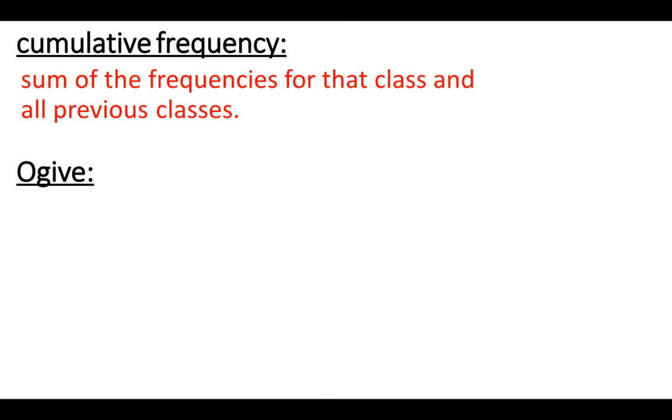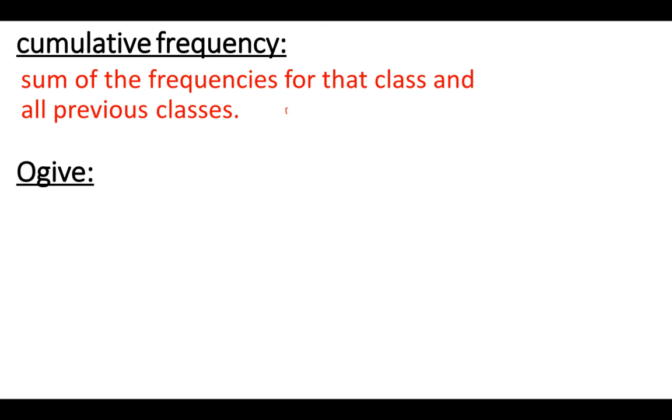Shouldn't take too long. First thing is a little review over what we called cumulative frequency. So cumulative frequency, that's when we're going to sum all of the frequencies for that particular class and all of the classes before that and divide by the number of data points.